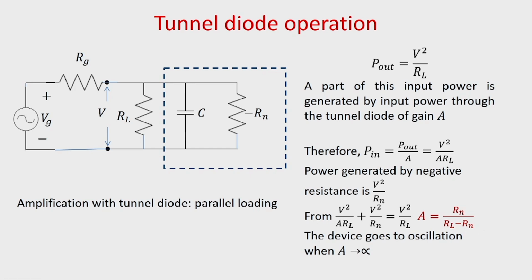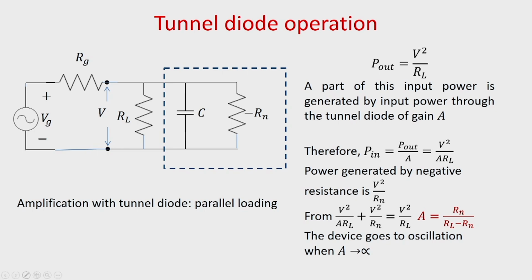So, we can see that if R L becomes equal to R n, load resistance approaches the resistance of the negative resistance of the tunnel diode. In that case, A tends to infinity and the device goes into oscillation.